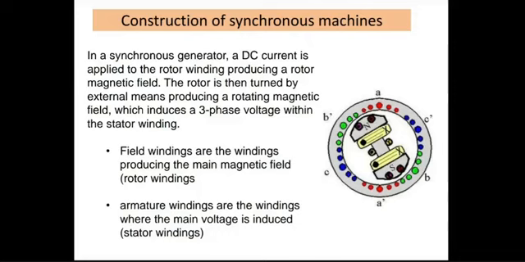We need to supply DC current to the field windings, and they are rotating. They are being rotated by supplying external rotary mechanical input using a prime mover. But that is possible. That's not that difficult because the current requirements for field poles are not very large.